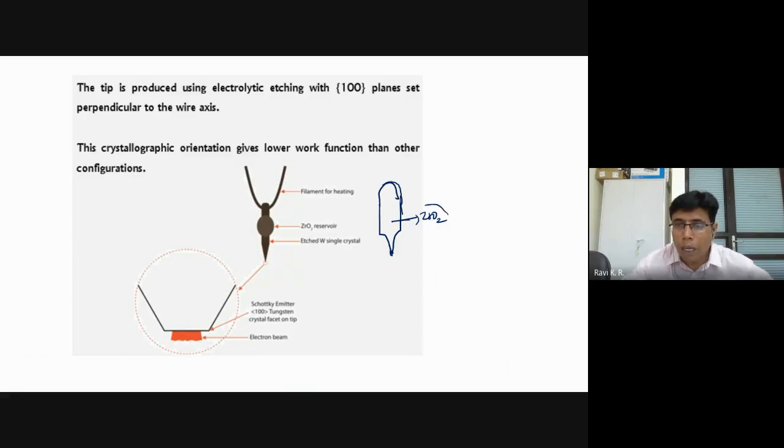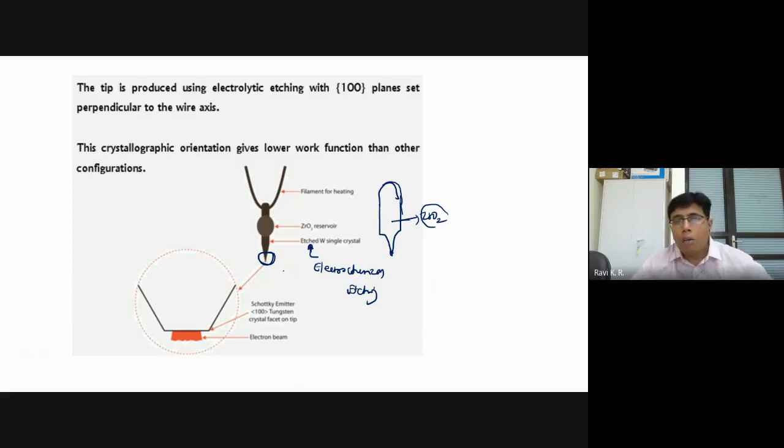We don't use it because to get this sharp tip, we usually do an etching process, an electrochemical etching process. Such sharp edges are not easy to get by other methods. So that is the reason we use the etching process, especially the electrochemical etching process.